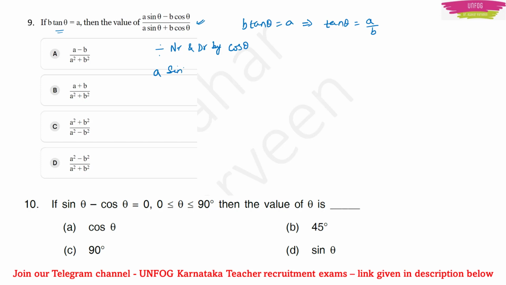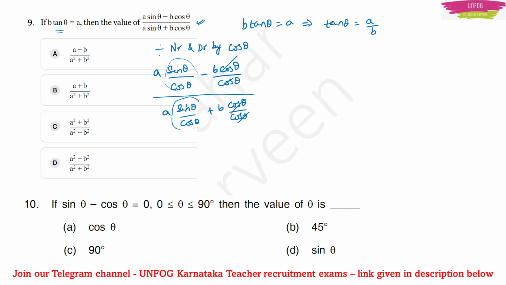So I will write like this: (a sin theta by cos theta minus b cos theta by cos theta) whole divided by (a sin theta by cos theta plus b cos theta by cos theta). So this will get cancelled, right? And this will give me tan, right? This also will give me tan.